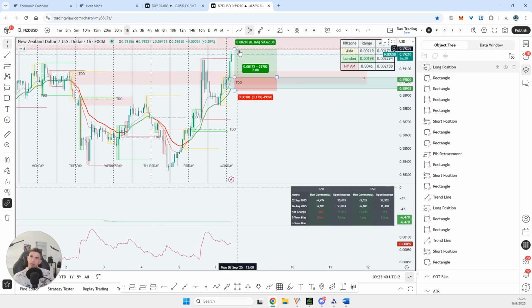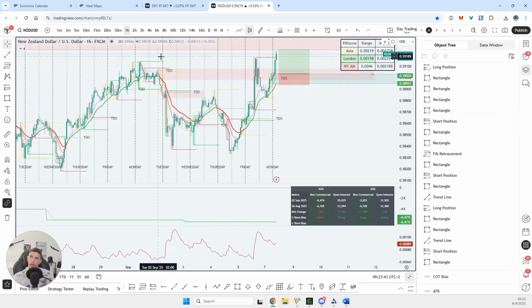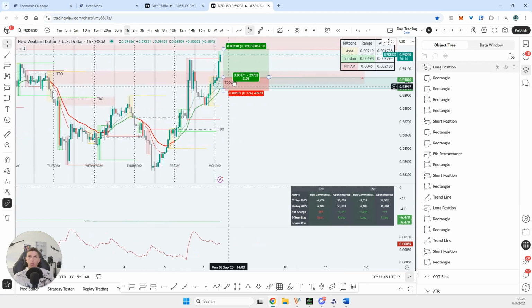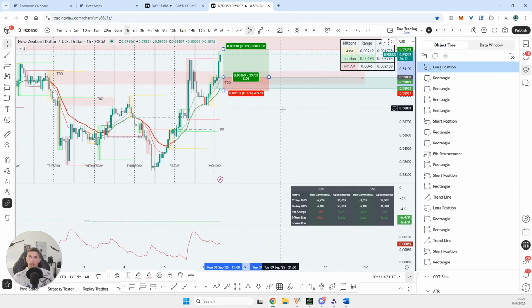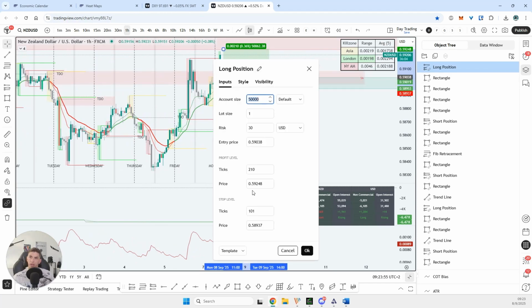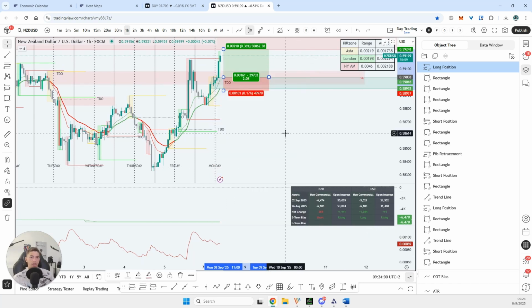Also, we have the take profit below the higher time frame supply zone, and our stop loss is protected by a round number. So I think it's a very interesting position to have. It has everything to be a winner.